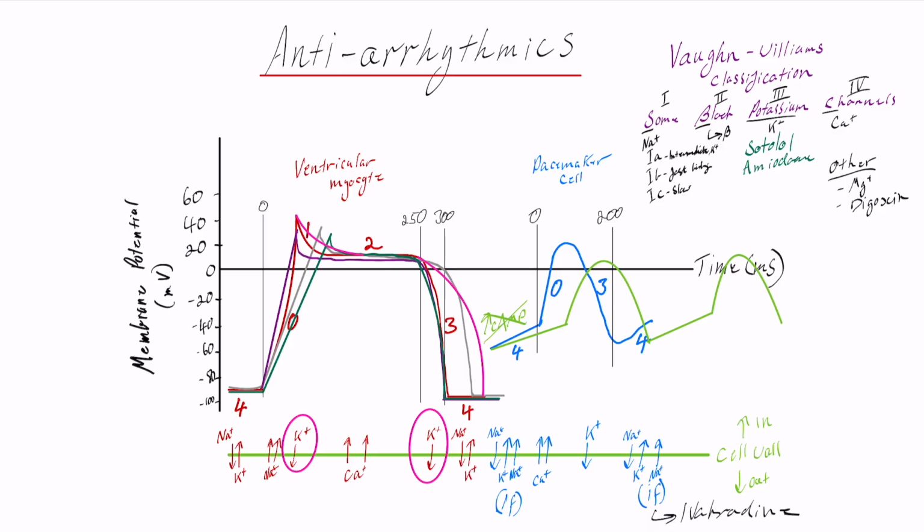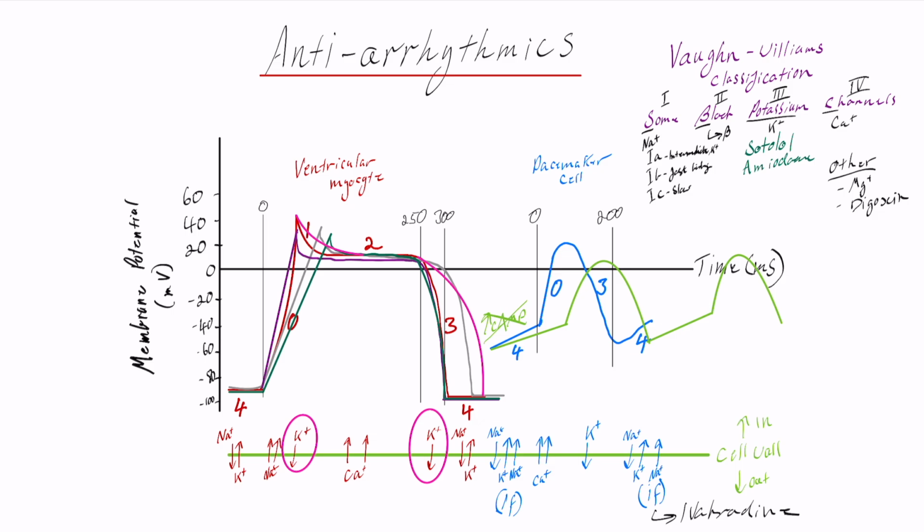And we mentioned before about how, if you change the time from depolarization here to repolarization here, you're going to prolong your QT interval. So again, they can be pro-arrhythmic in the way that they block these potassium channels. They will actually prolong your QT interval.